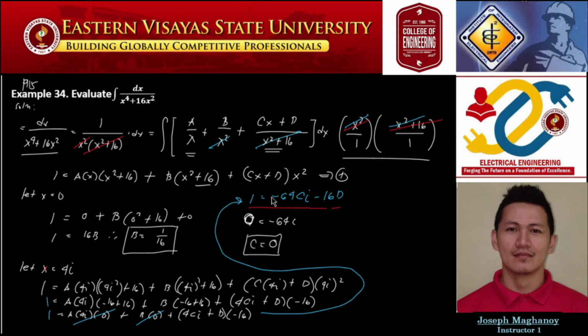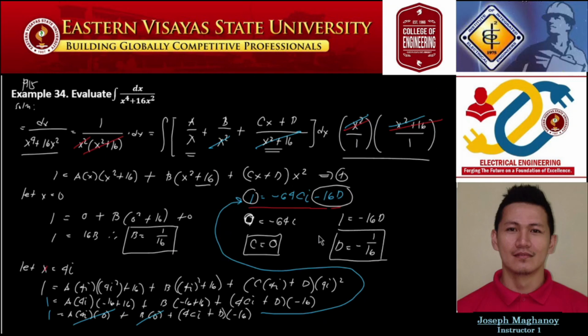If we equate in terms of the constant, we have 1 equals negative 16d. So we can say that d is equal to negative 1 over 16.